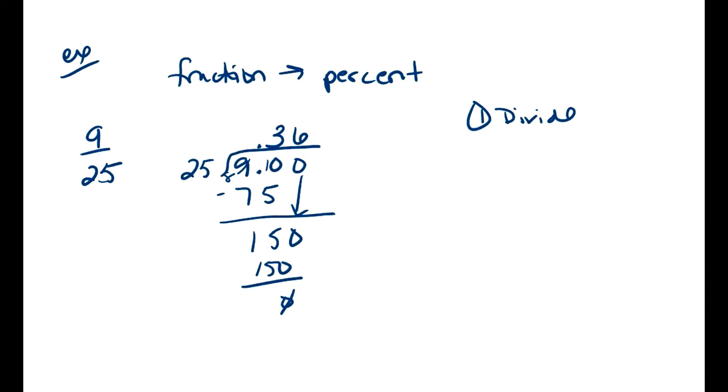Okay, so 9/25 converts to 0.36 as a decimal, and then we just learned that if we wanted to convert it to a percent, we needed to move the decimal 2 places to the right. So the equivalent percentage is 36%.